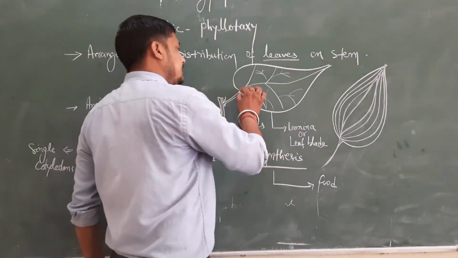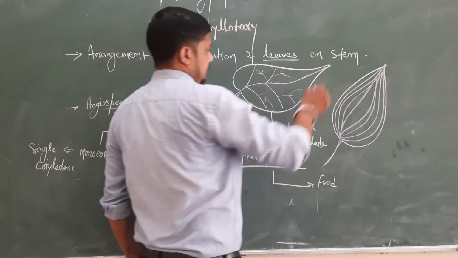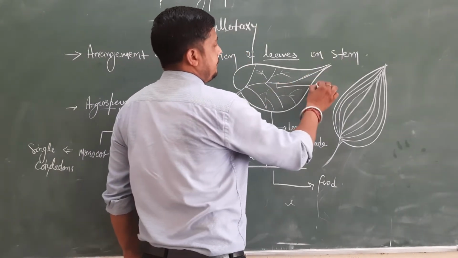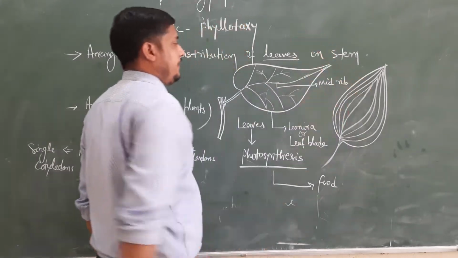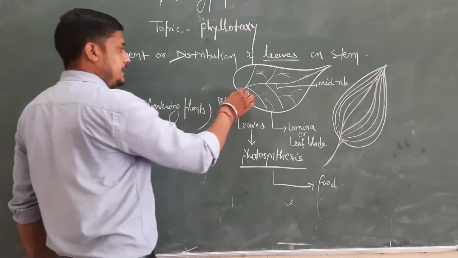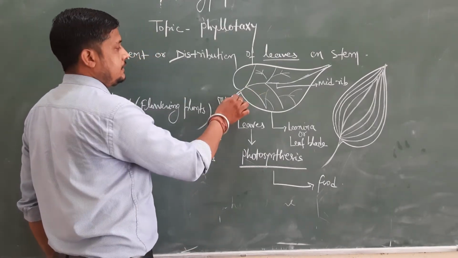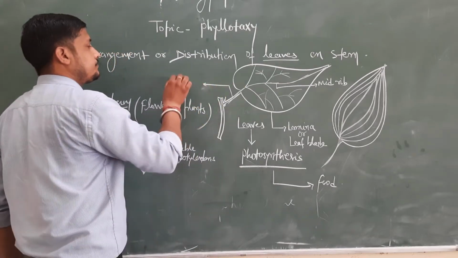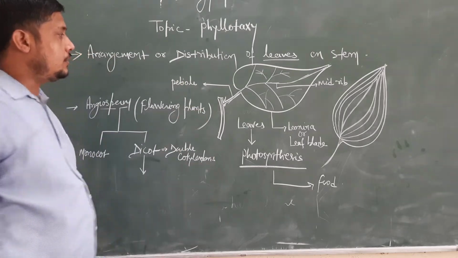There is another element that is called the midrib. This is called the midrib. And this is by which the leaf is connected to the stem, called the petiole.